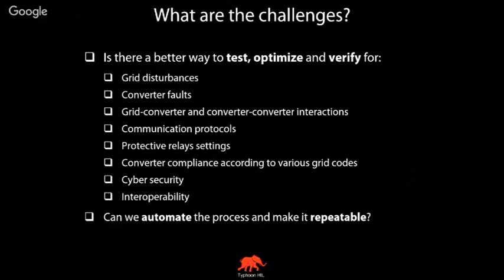You are probably all familiar with this big trend of, let's say, a new generation of grid codes that any distributed resource in the grid or any protection device has to comply with.